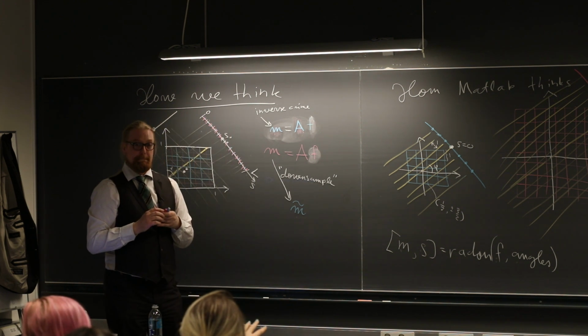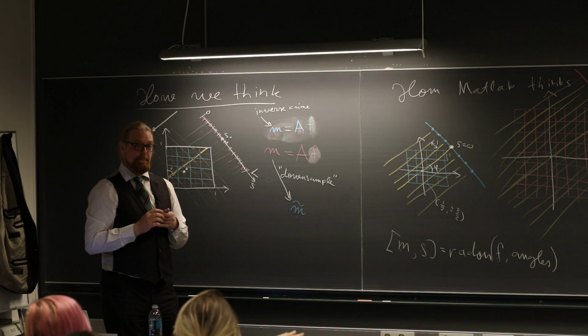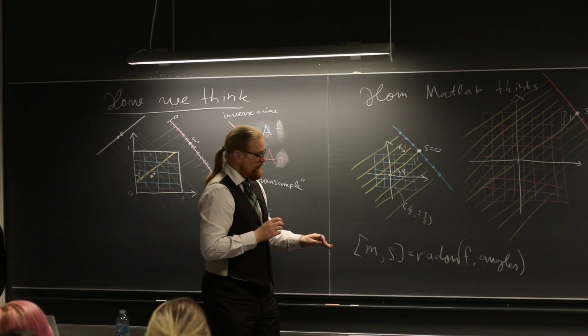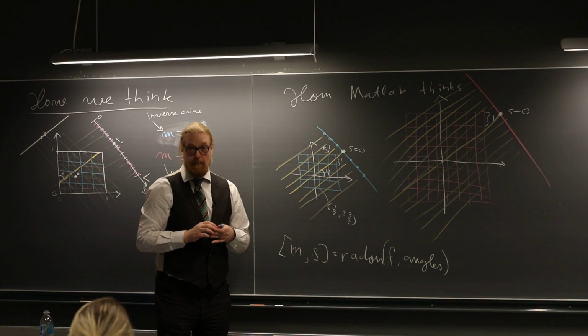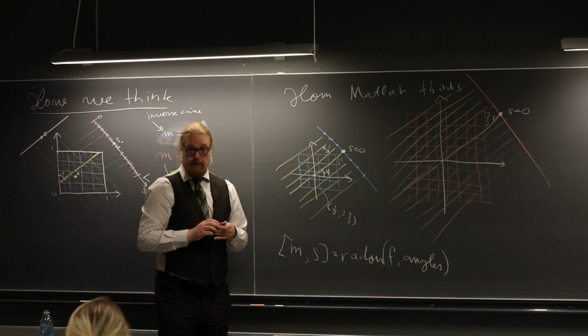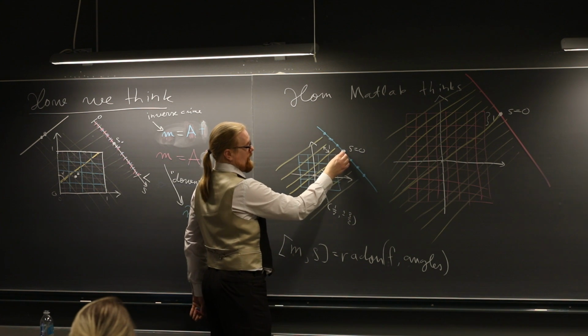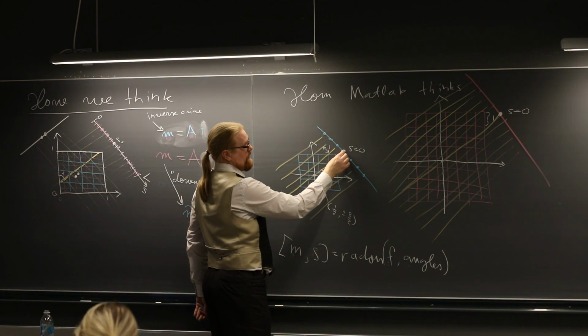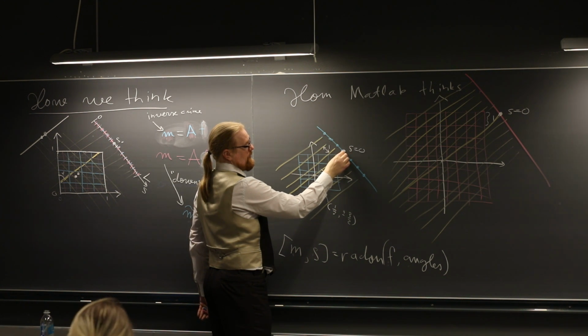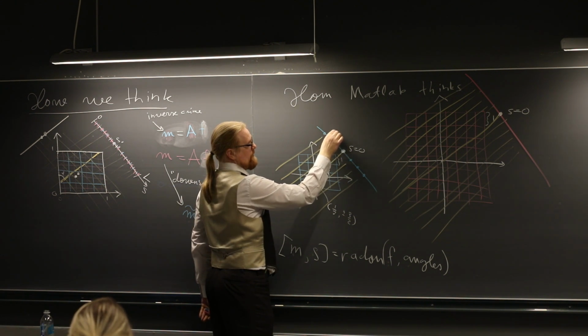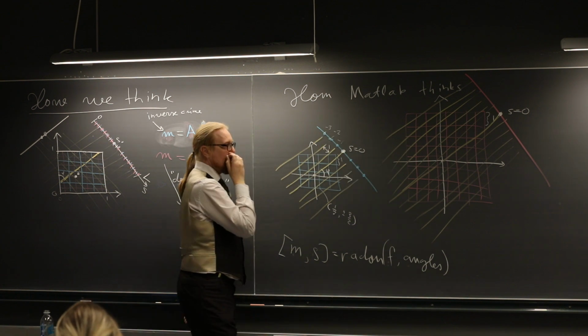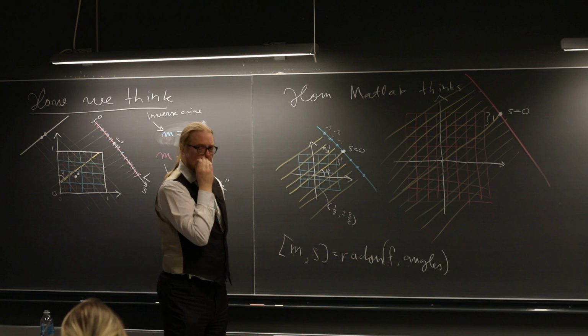Yep. So just to double check again, when you have this function, S, does it return the number of rays? No. The length of S is the number of rays, but S actually gives these, so for example here, this would be -1, this would be -2, -3, I think.